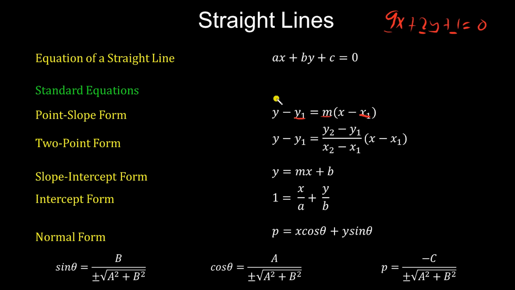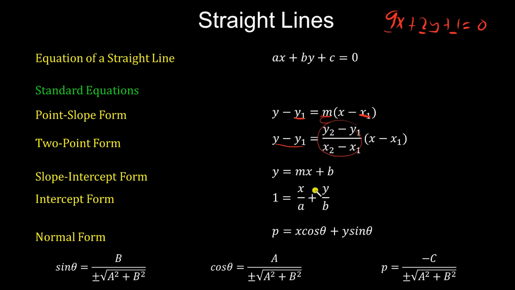But if the given in the problem is, instead of the slope, the coordinates of two points, then this is the two-point form. This is still the slope, right? Remember our slope is tan theta, and also negative a over b.